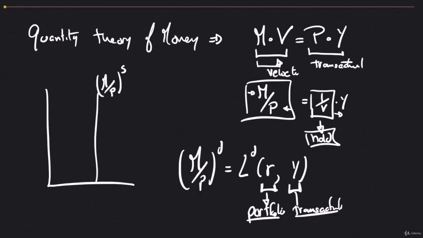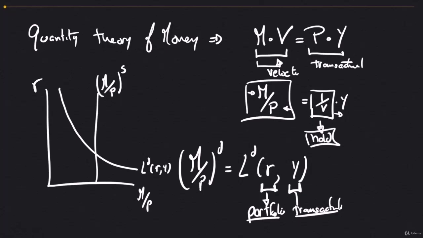And if the income level, either mine or the economy's, grows, I need more money in order to transact. That's the transactional purpose. So the demand for money looks like this. Sorry, that's not Y, that's real money balances.